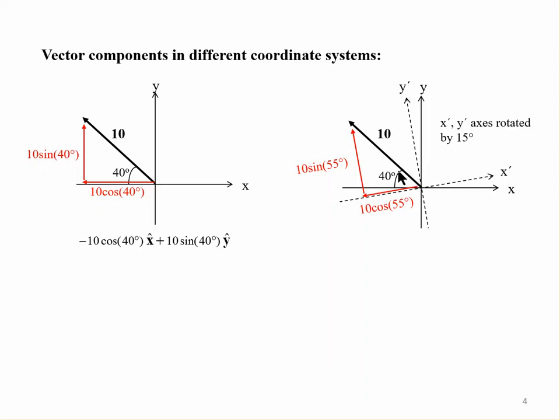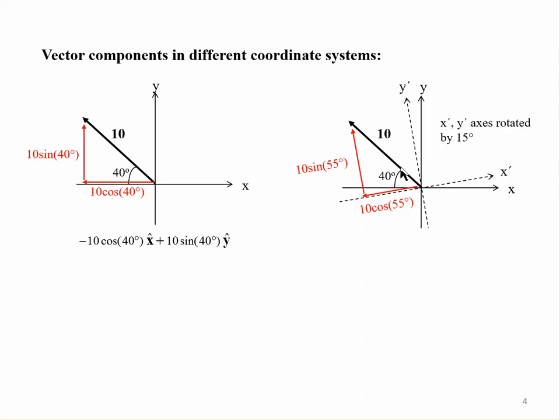In other words, this is 40 degrees, but then there's an extra 15-degree rotation, because remember these x prime, y prime axes are rotated by 15 degrees. So there's an extra 15 degrees here, so this total angle is 55 degrees. Likewise, the length of this side here is 10 sine of 55 degrees.